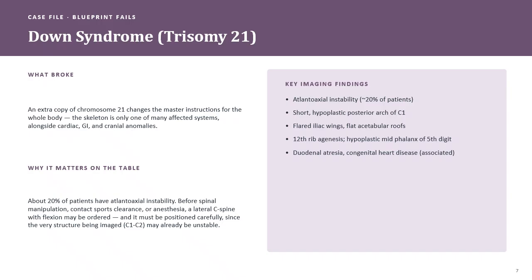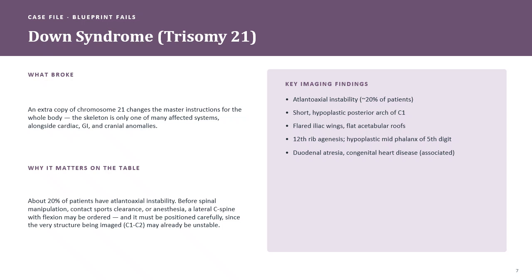They may have flared iliac wings, so we're talking about the pelvis area. They may have flatter acetabular roofs, the hip area. They may be missing the 12th rib, and also they may have a shortened middle phalanx of the fifth finger.